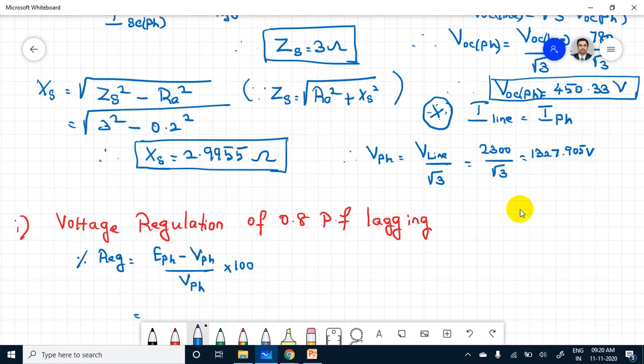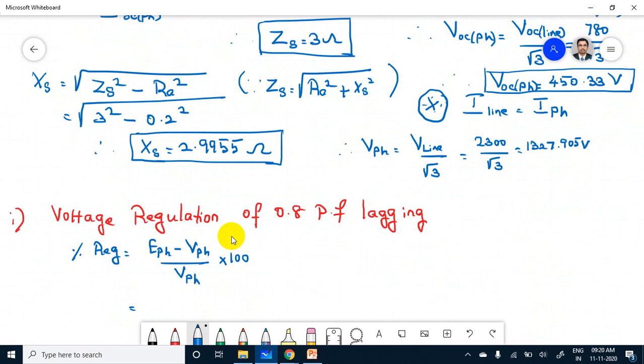V phase is calculated. So the percentage regulation is E phase minus 1327.905, whole divided by 1327.905, into 100. Now what is the missing term? E phase is the missing term. This E phase only you have to calculate.